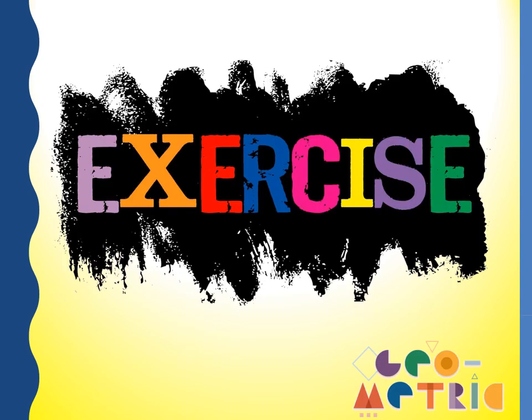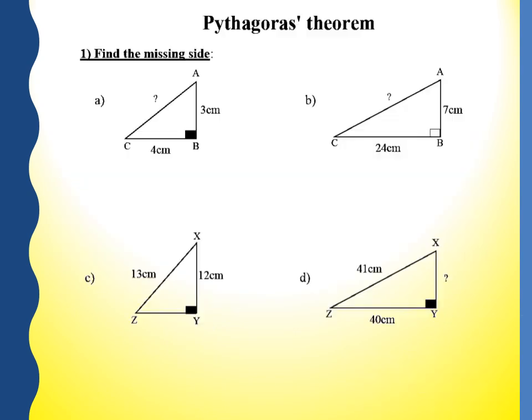Now let's have some exercises. I need to find the missing side. Here the missing side AC is a hypotenuse, then AC equals the root of AB square plus CB square, so AC equals the root of 3 square plus 4 square, which is 5 centimeters.